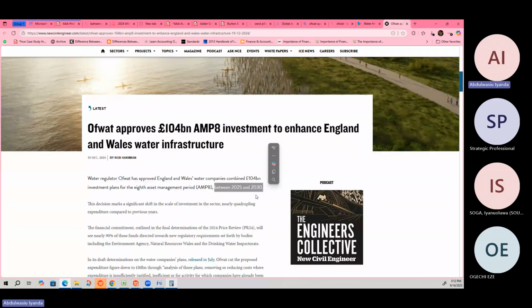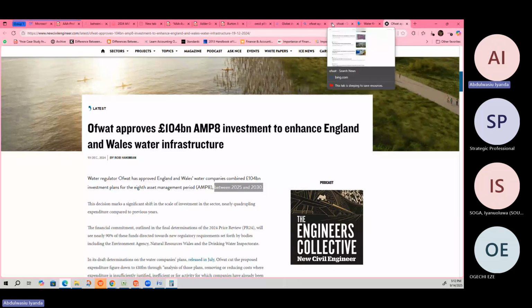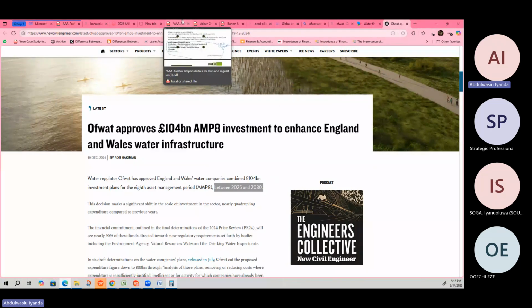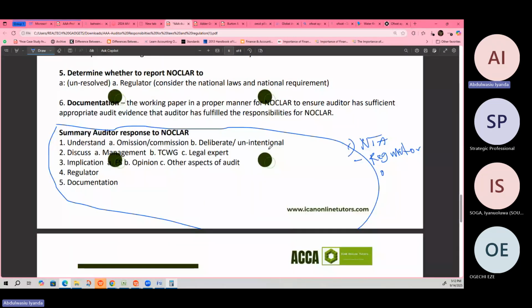But it will vary. The amount you give Anglian, which is a little bit big, can be more than the one you give Southwestern. It depends on your coverage. Let's say even in Nigeria, we have more states in the north. So let's say my own is just to service the north.